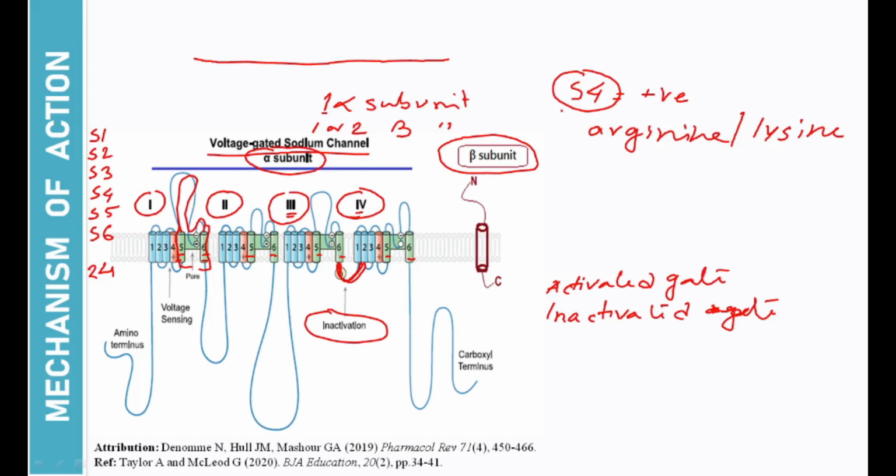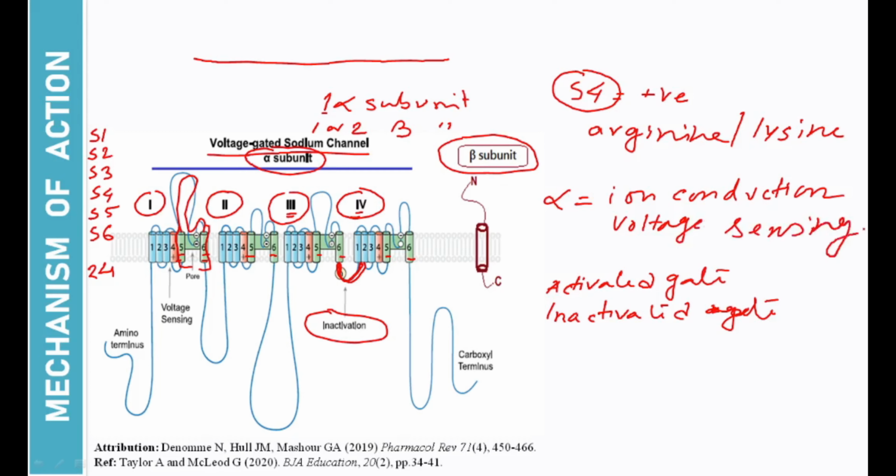Because they contain two categories of subunit, alpha and beta, now if we are talking about the alpha subunit, it is sufficient for ion conduction and voltage sensing.